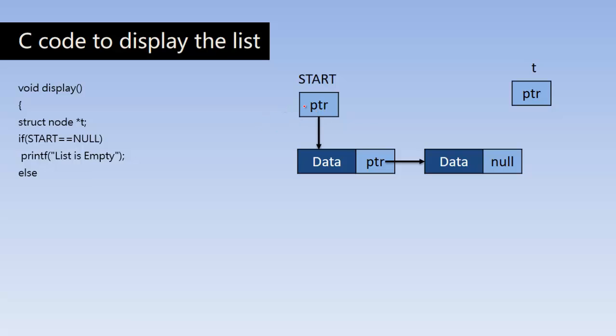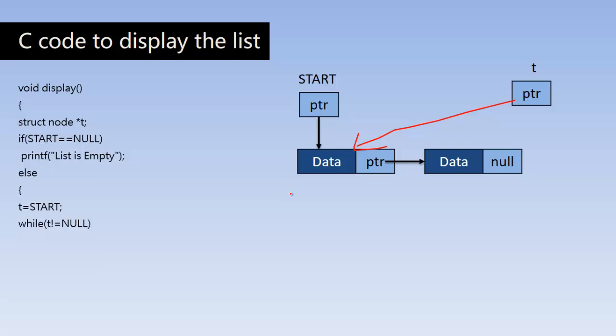Else, start has got some address in it, so in that case we will store the content of start into T. That means the address of the first node is stored in T, so the T pointer now points to the first node in the list.